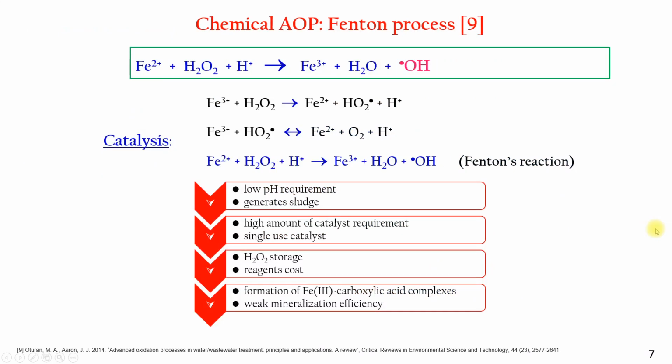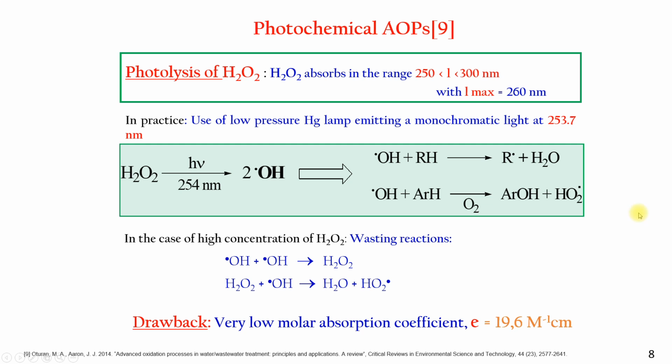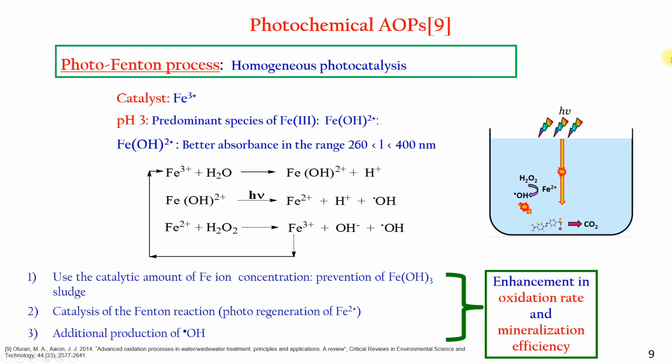Among the chemical advanced oxidation processes, the Fenton process is a good example. Here we use ferrous ions to activate hydrogen peroxide to produce hydroxyl radicals. This process has some disadvantages. Photochemical advanced oxidation processes are another alternative. The photo-Fenton process is another photochemical advanced oxidation process.